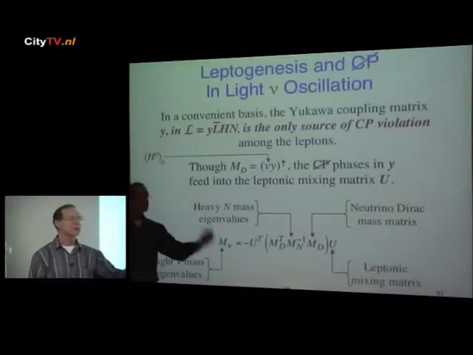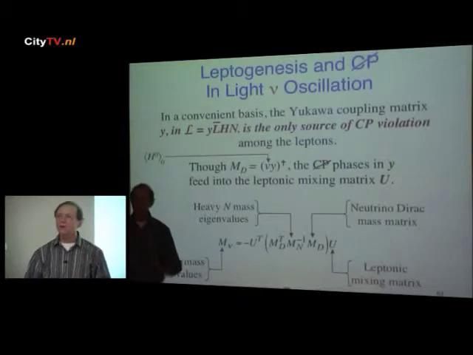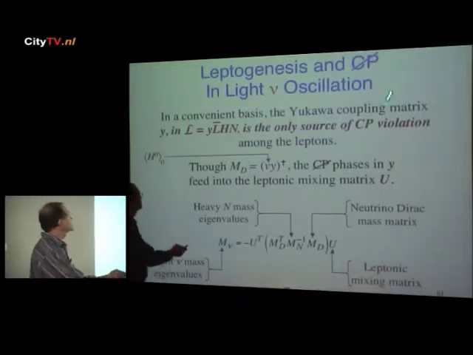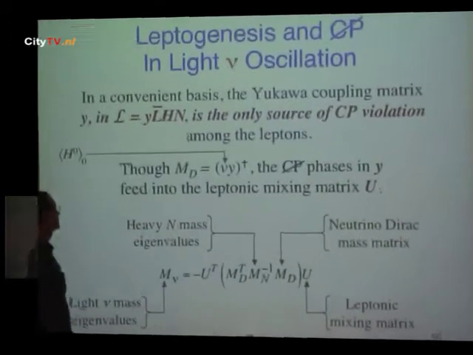N decays in the early universe, neutrino oscillation today, mu goes to e gamma, anything that's leptonic, the only place that CP violating phases can occur is this matrix. Nothing else is complex.